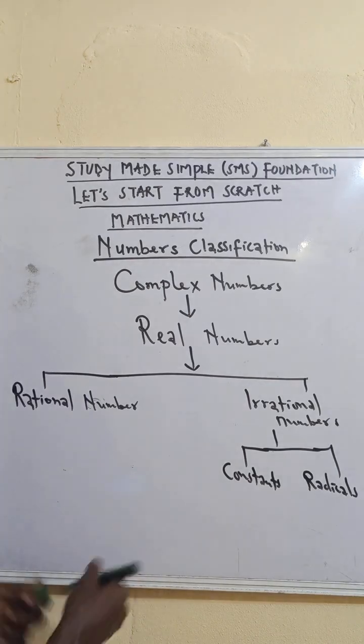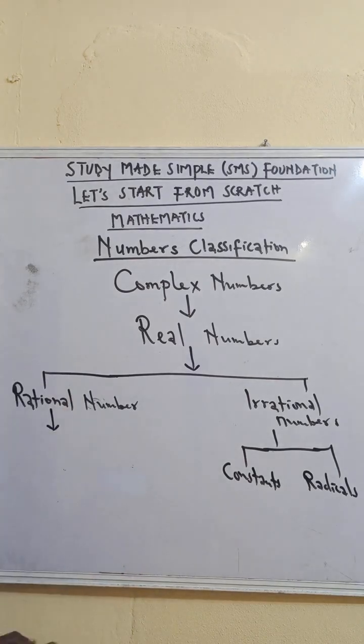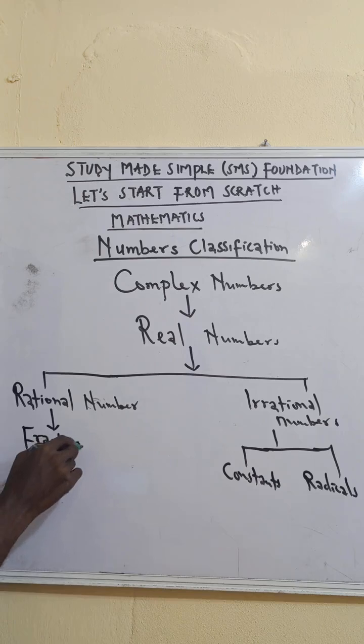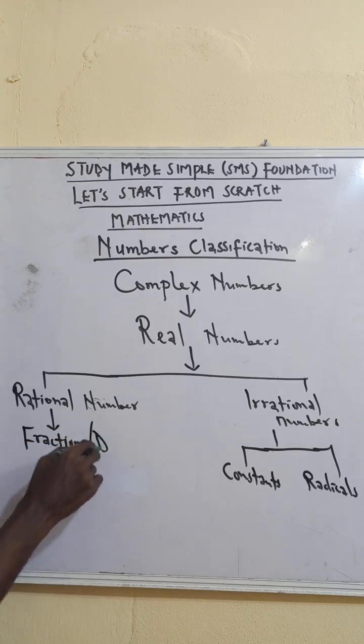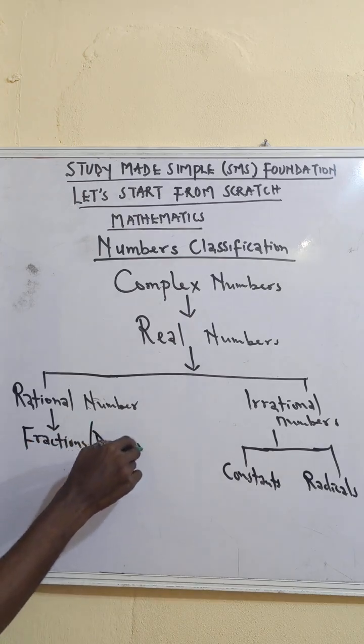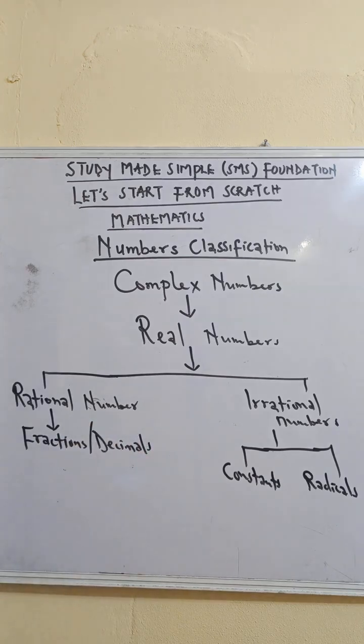So now, under the rational numbers, we have numbers like fractions and decimals. After that, we have the integers.